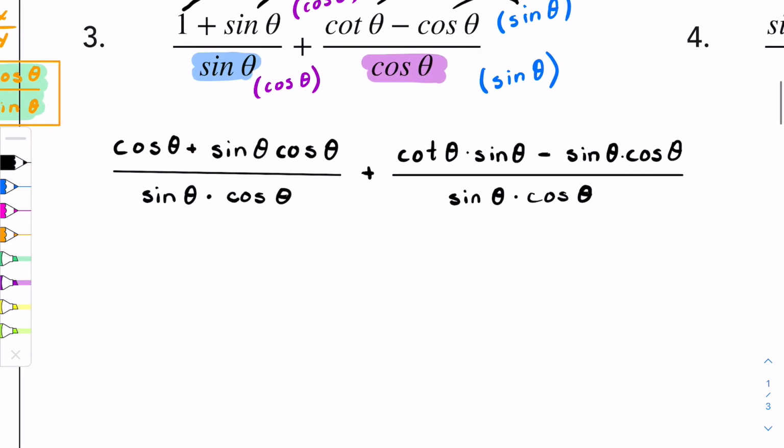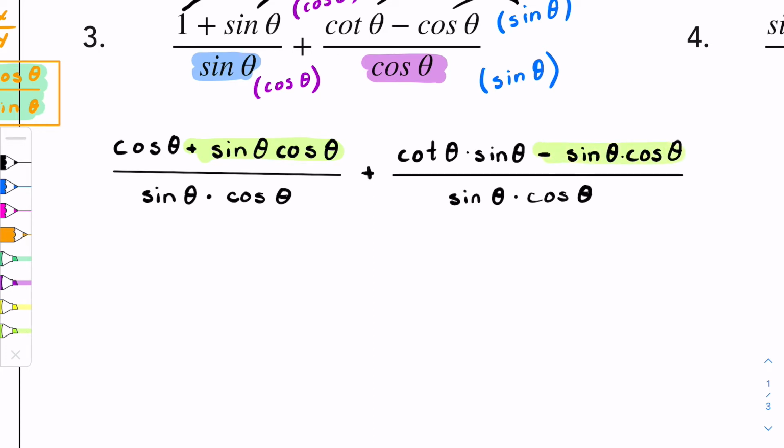For the next step, I'm going to add my numerators together, and you can add any like terms, so anything that's exactly the same. If I look at this, I have cosine theta plus sine times cosine theta plus cotangent times sine theta minus sine times cosine theta. So right here we're adding sine and cosine, and here we're subtracting it.